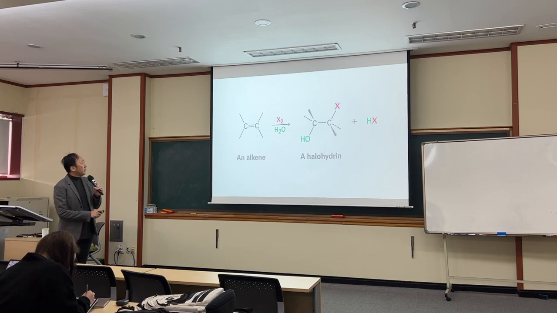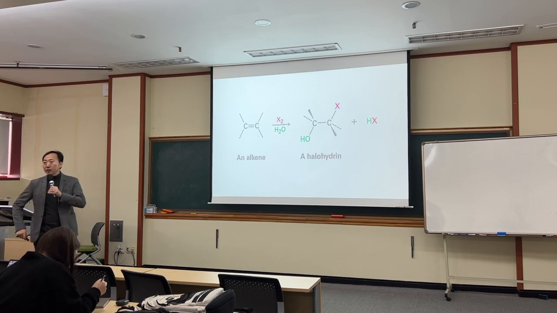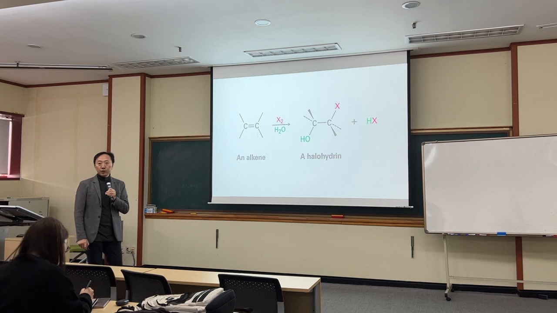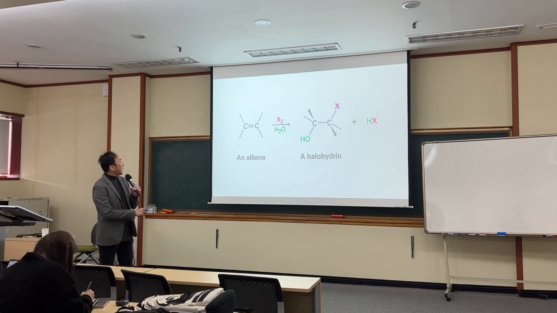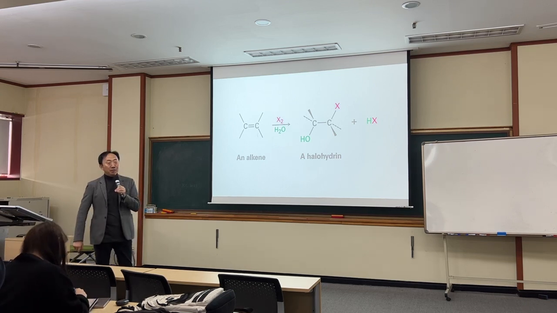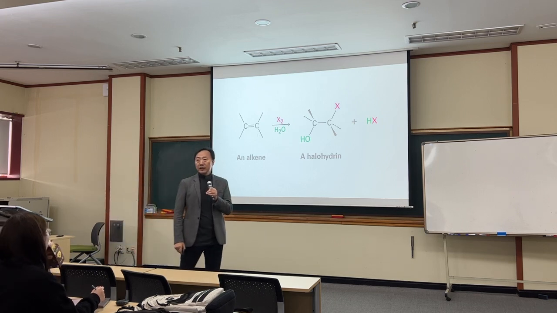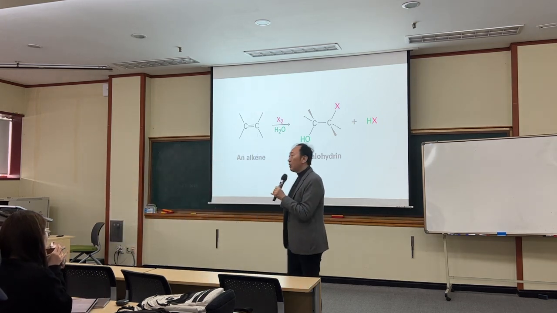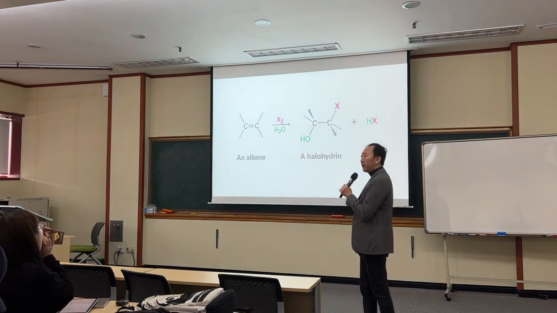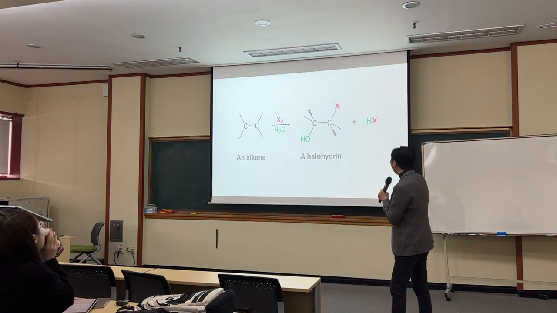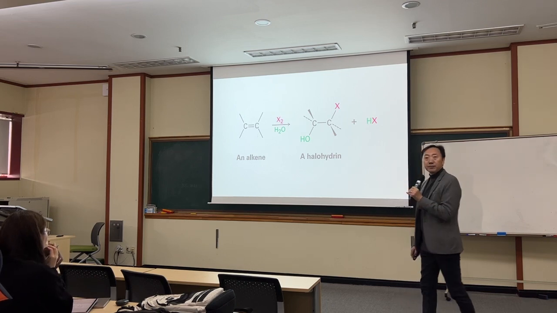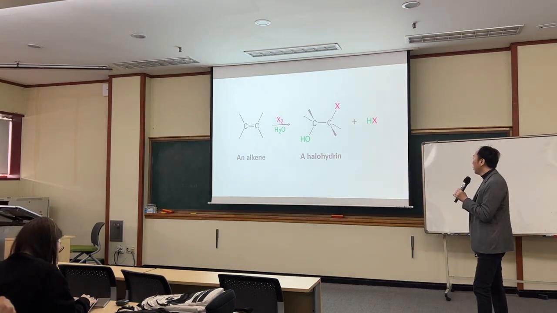So let's say you have halogen, Cl2 or Br2 or I2, and it can form the intermediate. But if you have at the same time a large excess amount of water, then that intermediate will react with water first, and they can generate hydroxyl and halide. And this product is called halohydrin.